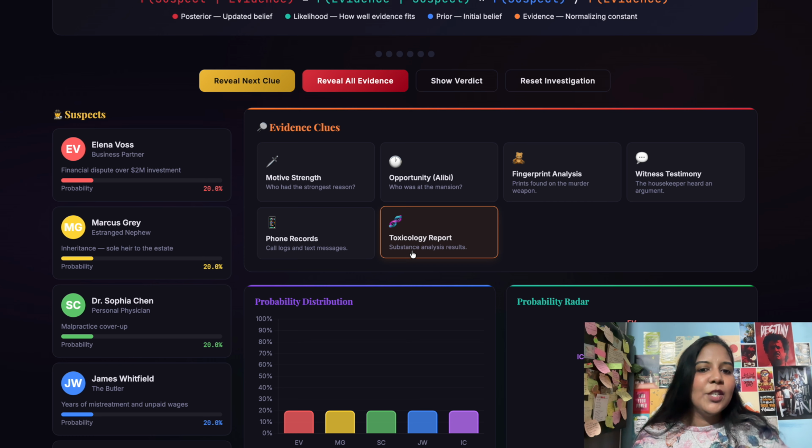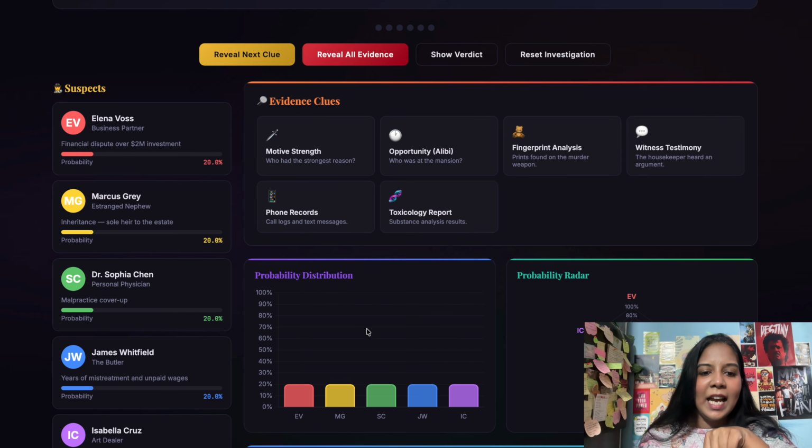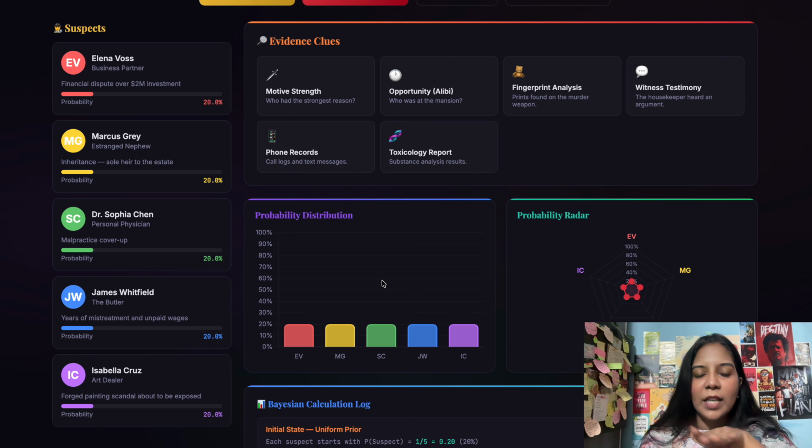So we have that information and the probability distribution that we need to calculate. I've calculated it, and I'll show you how I did it, and the probability radar.